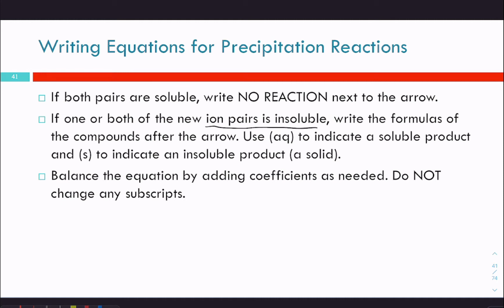And to indicate an insoluble product, we use S for the solid. Once you've gotten to that, if you have a reaction, you need to balance everything without changing subscripts. Any questions at this point? Okay.